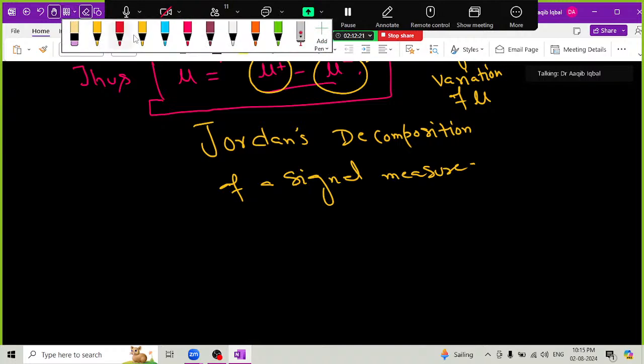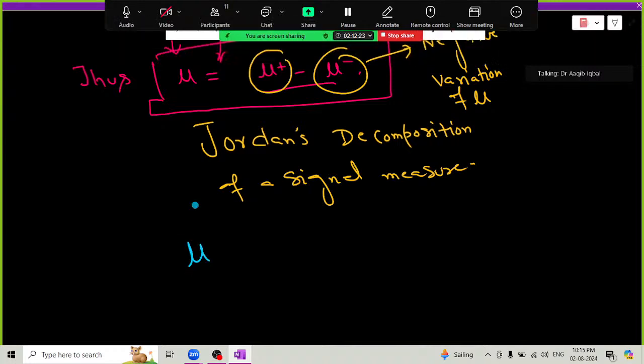This measure we denote by mod mu. Mod mu denotes the measure defined as the positive variation plus the negative variation. It will be a measure, and it is called the total variation measure.